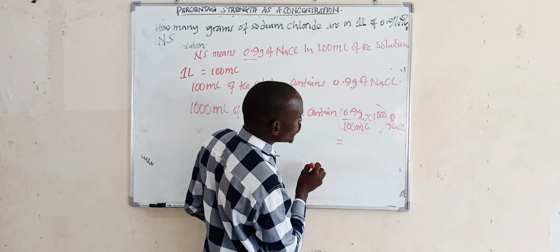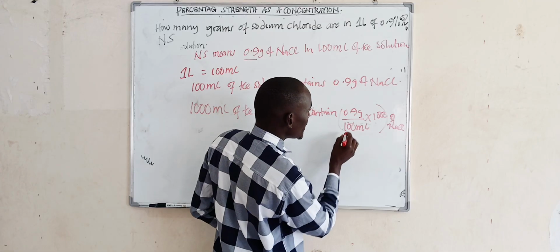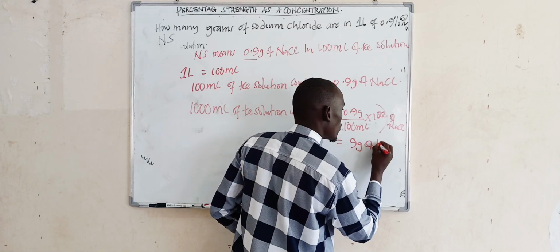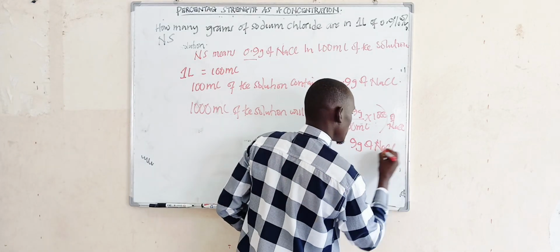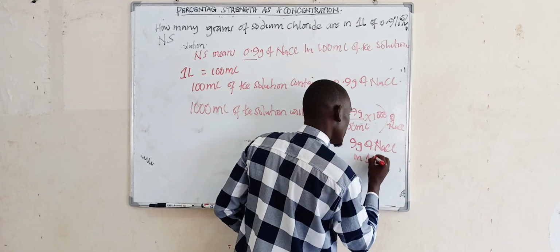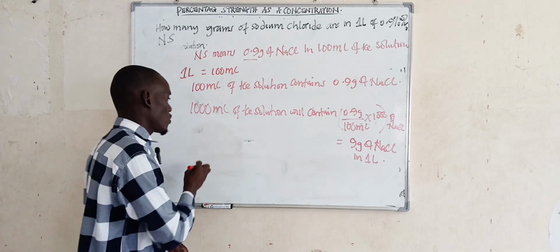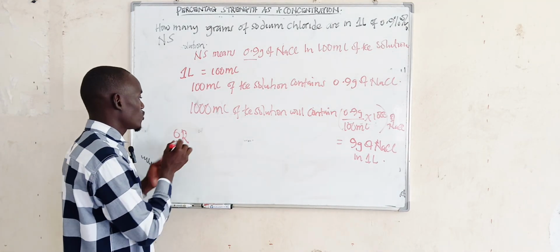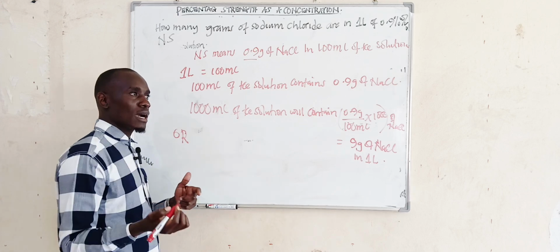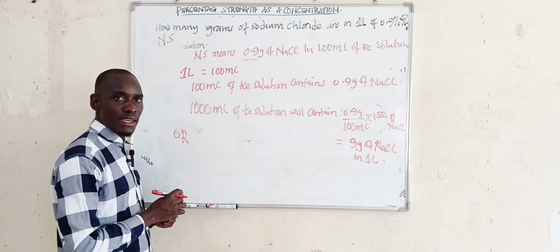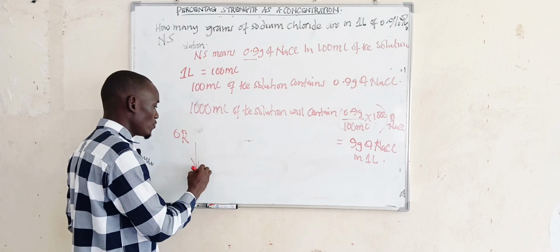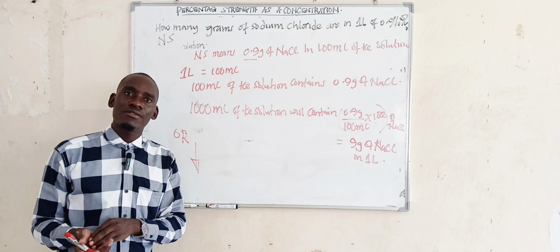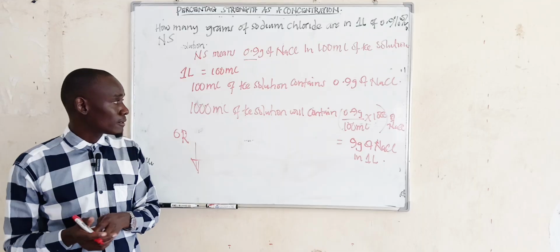So by computation, you will realize that we shall have 9 grams of sodium chloride in 1 liter. Or you can feel free to calculate using the other method, and tell me in my comment what you have obtained as the solution.